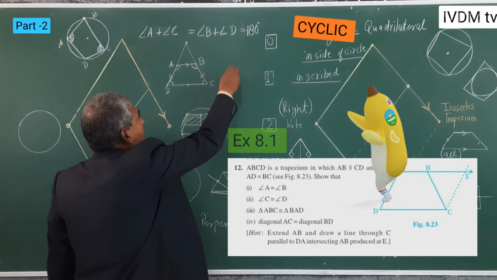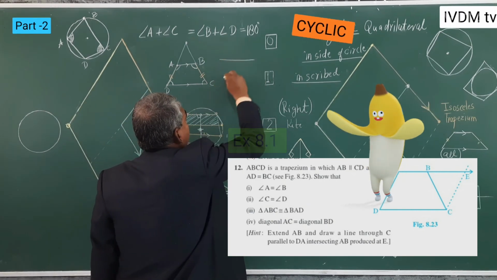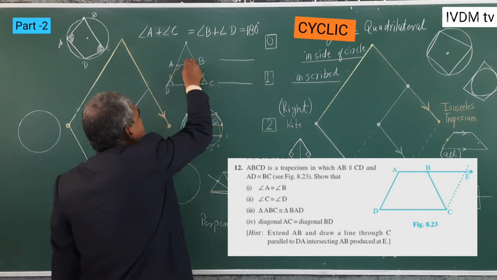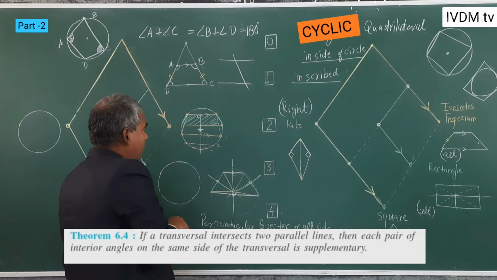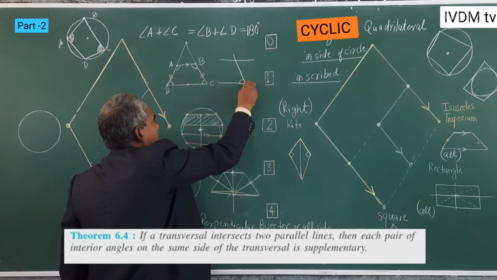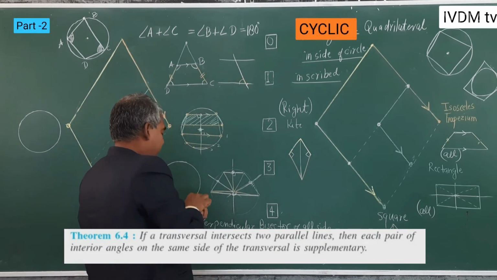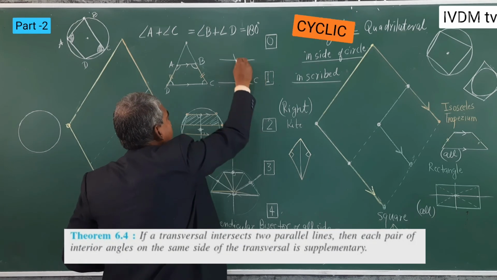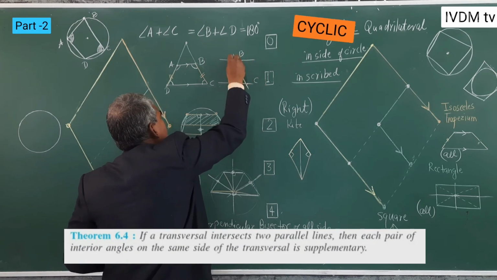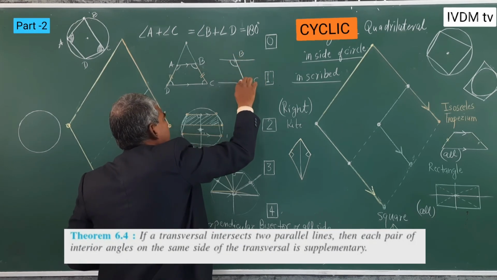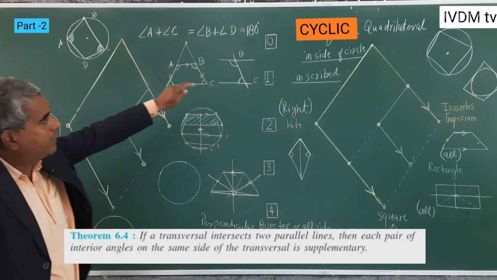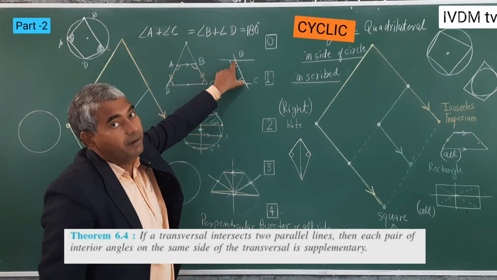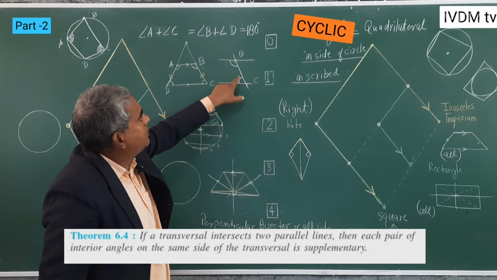For this you have a theorem already taught about parallel lines. If these are parallel and BC is cutting here, these two angles are internal angles on the same side. Internal angles on the same side are supplementary, so they add up to 180 degrees.